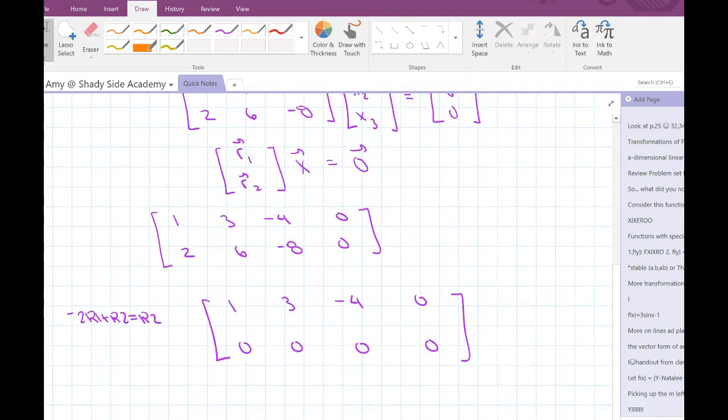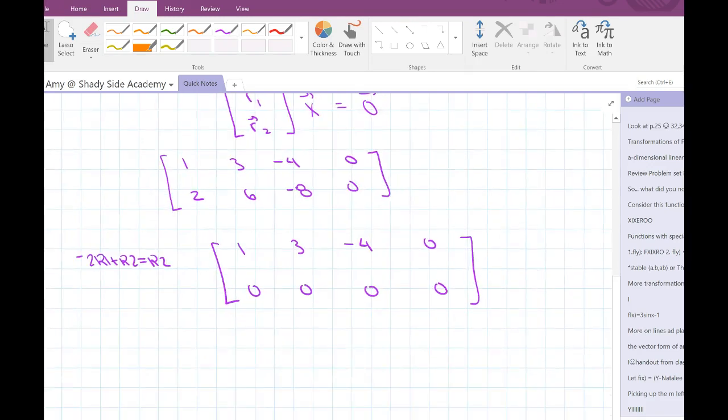So here I am doing number 18. And when I solve this, I find, whoa, this is what happens. That's very cool. So what this tells me is 1x1 plus 3x2 minus 4x3 equals 0, or x1 equals negative 3x2 plus 4x3.